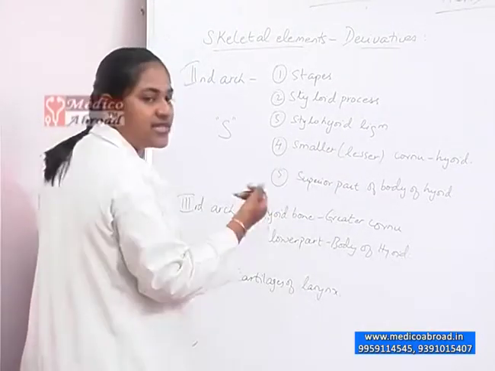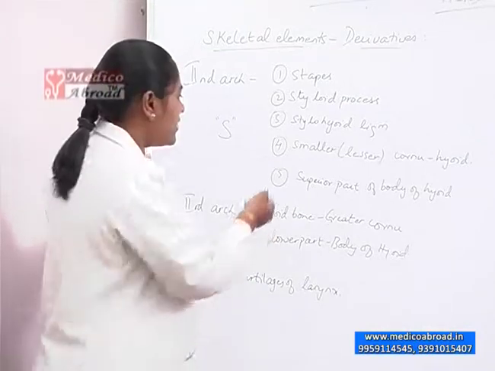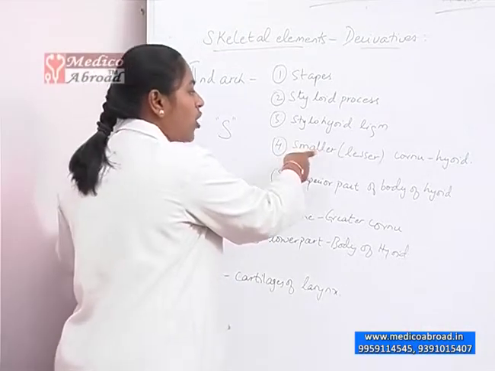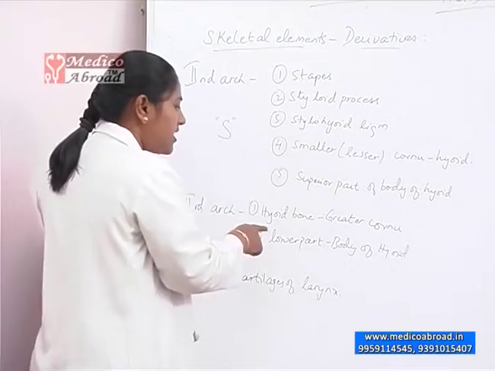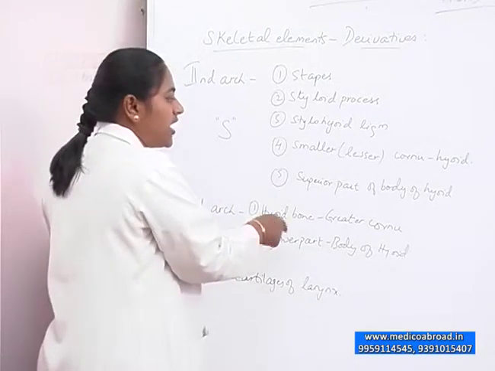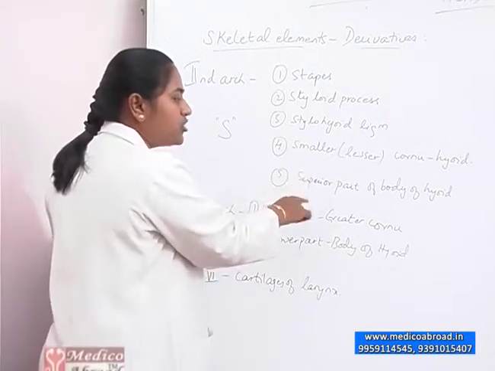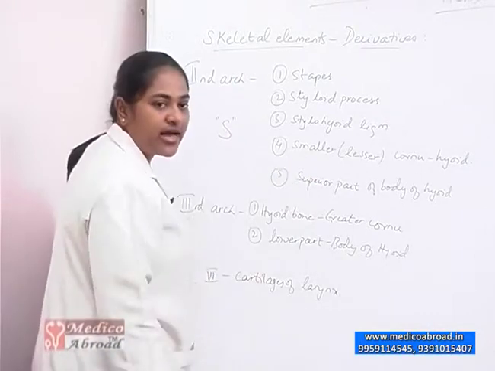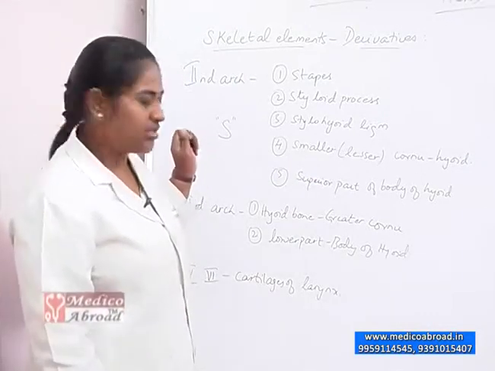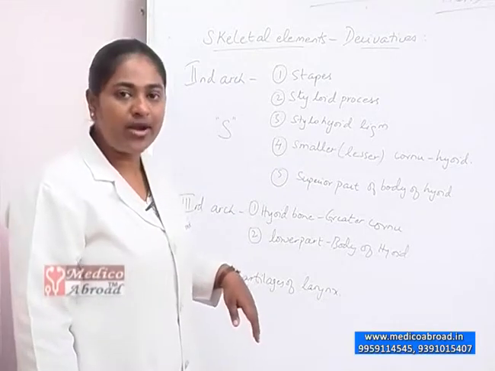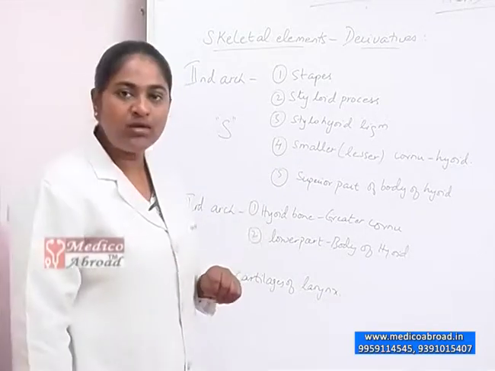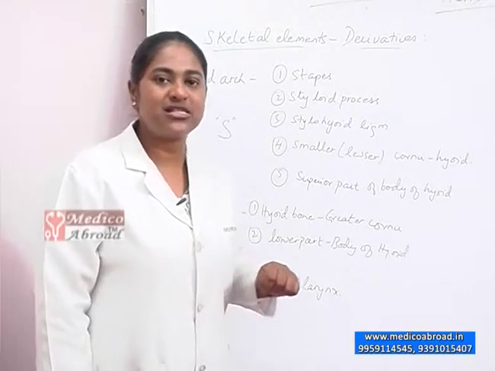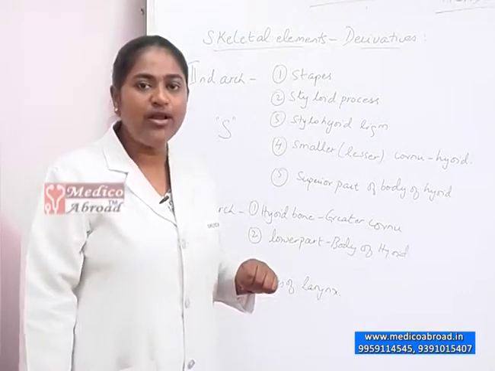The hyoid bone has a lesser and a greater cornu. The smaller or lesser cornu arises from the second arch. The greater cornu arises from the third arch. The body of the hyoid, superior part comes from the second arch, and the lower part comes from the third arch. So that's the formation of the hyoid bone. It's a very important bone because a lot of neck muscles are attached around the hyoid bone.